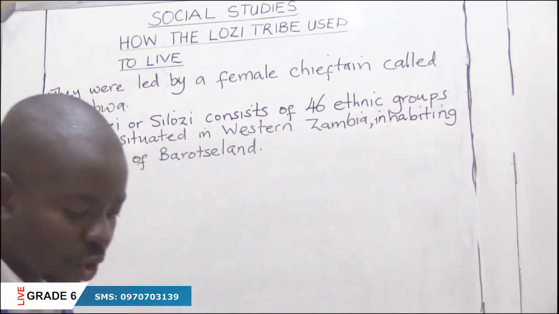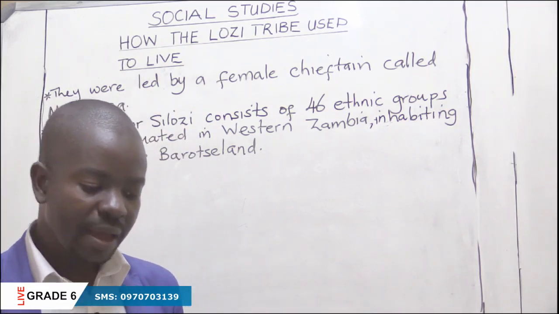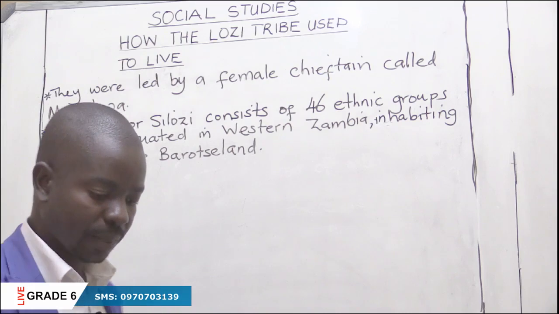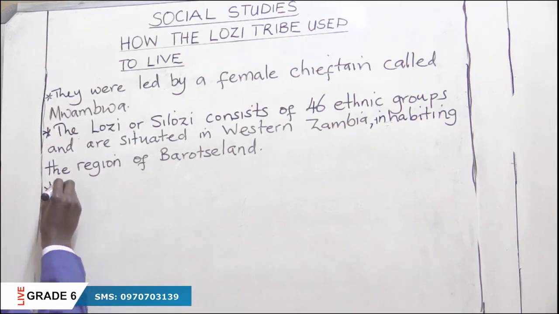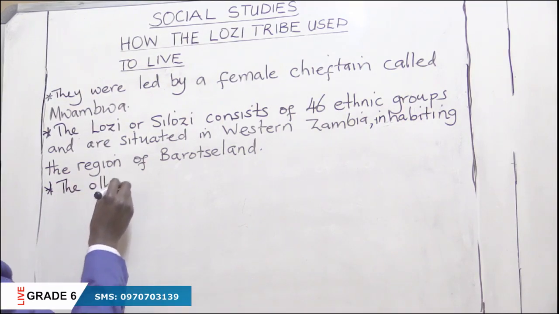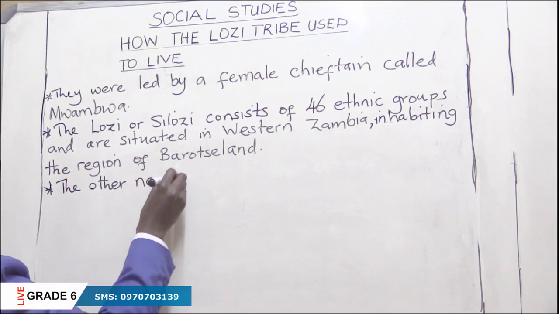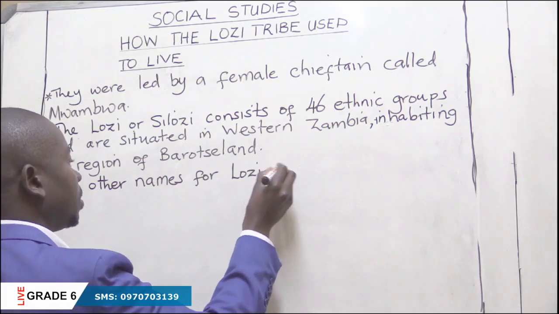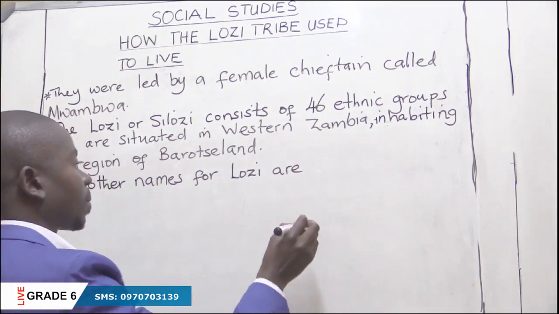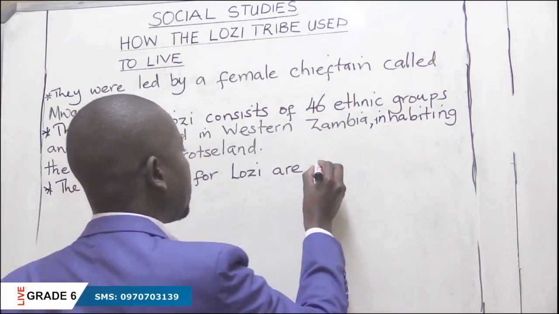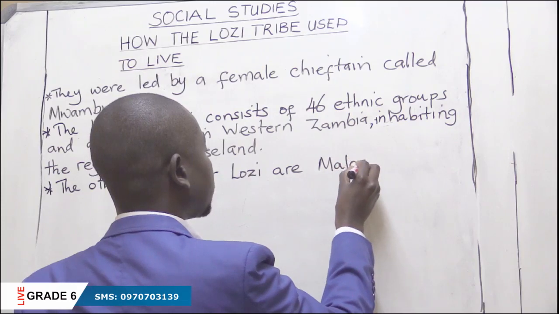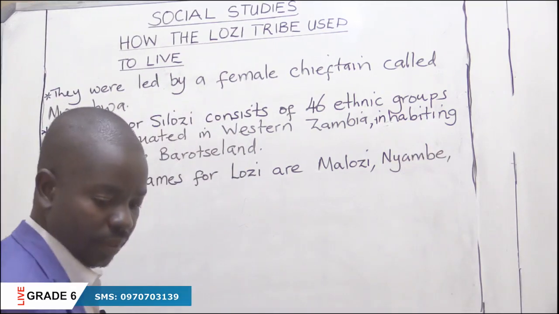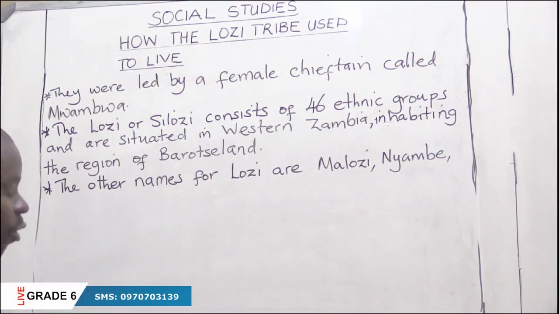The Lozi people are also known as Malozi, Nyambe, Barotose, Rosi, and Ruse.